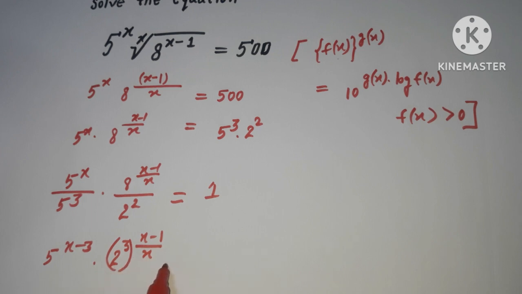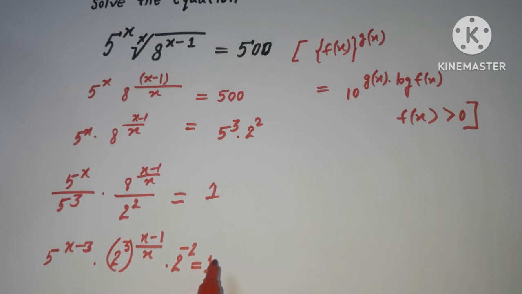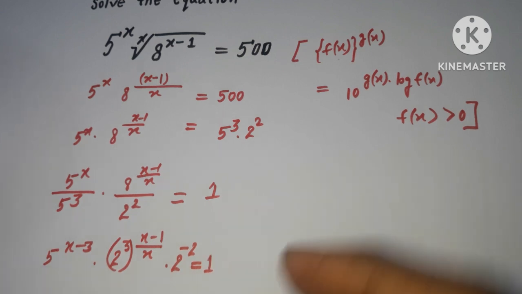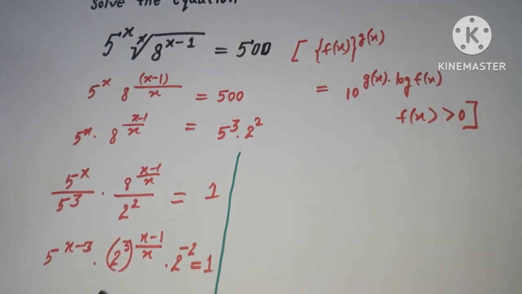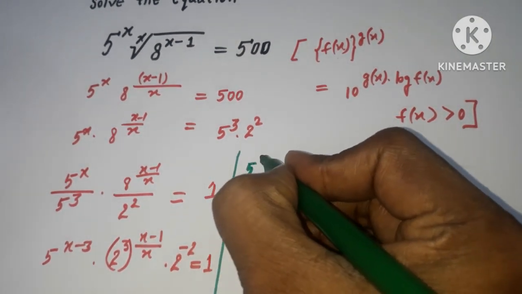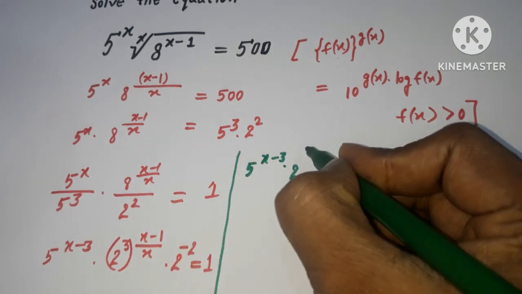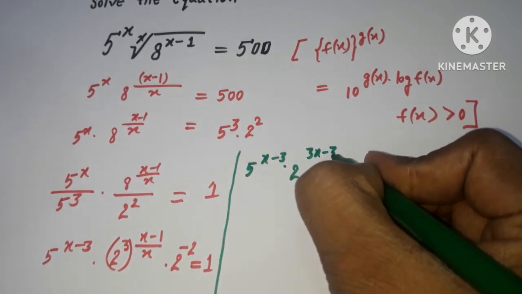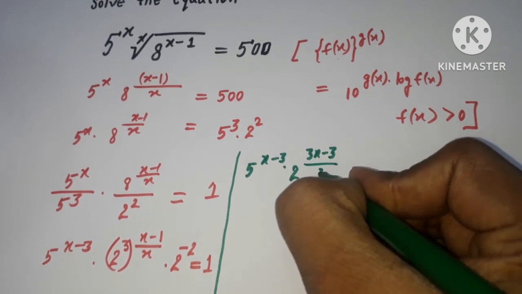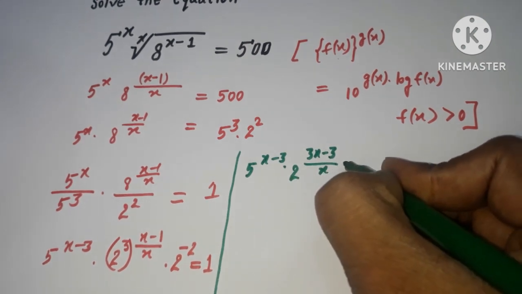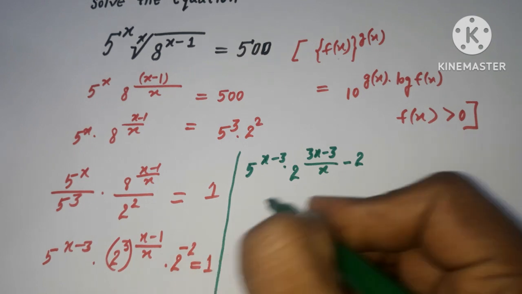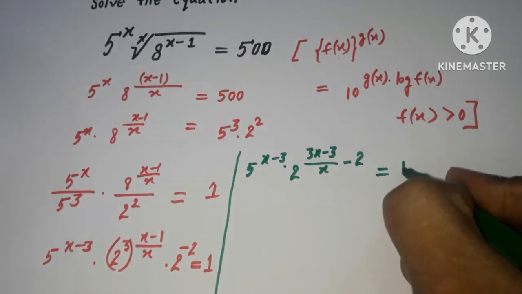So we write this as 2 to the power minus 2, equal to 1. And what will be the next step? That is 5 to the power x minus 3 into 2 to the power 3x minus 3 divided by x, and minus 2 is there. So that is equal to 1.